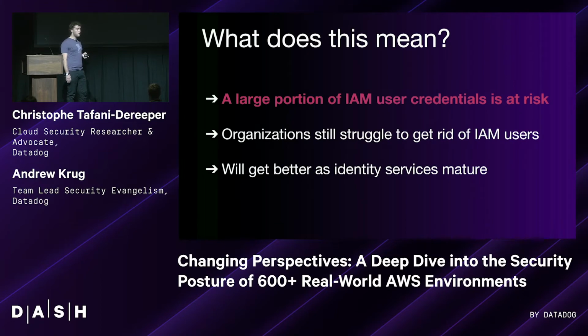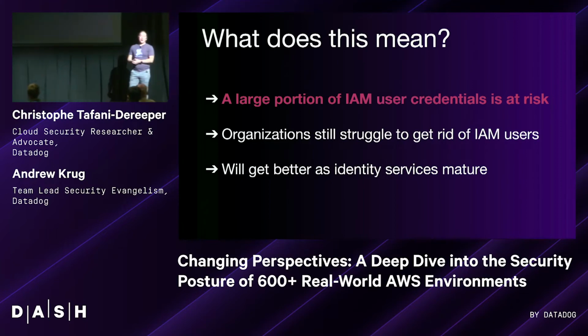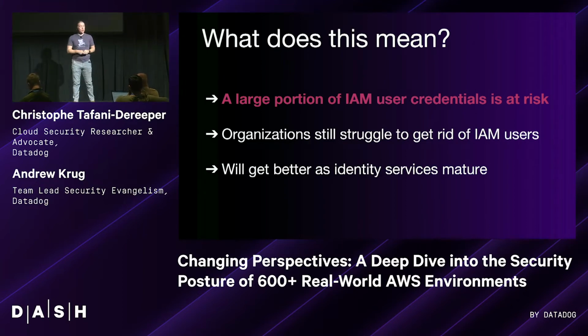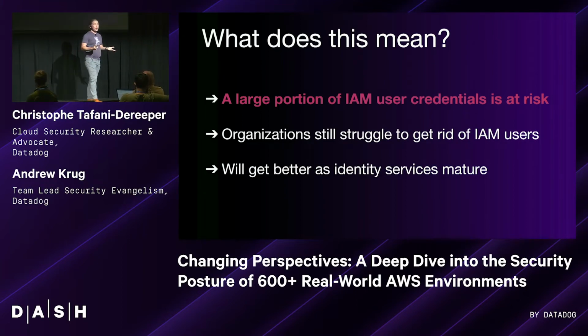So what does this mean? And Andrew is going to tell us what he thinks it means because he has a lot of opinions on the topic. So this really means that a large portion of IAM credentials are at risk, right? Either because they don't have multi-factor authentication, they're very old, they're mismanaged, and organizations in general just still really aren't mature in the way that they handle these accounts.